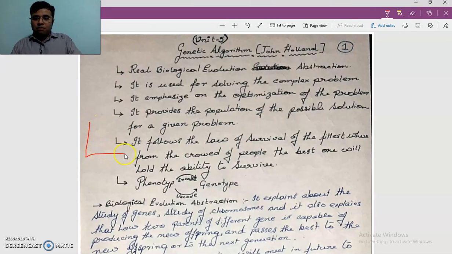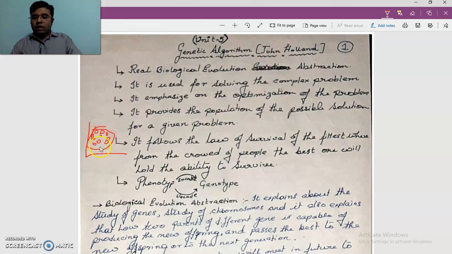Suppose this is the hypothesis space, and there are multiple problems present in this hypothesis space, right? These are the different problems, or perhaps we can say these are the instances present in this hypothesis space.